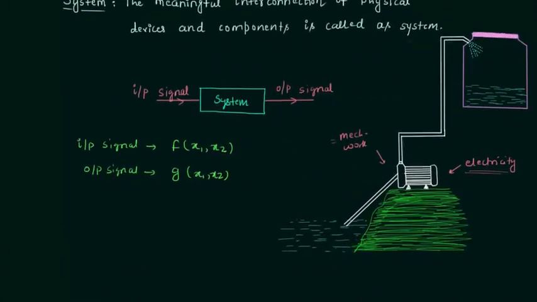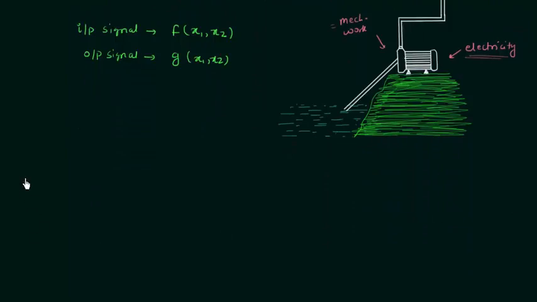There are two types of problems we have to deal with. The first one is the analysis problem. The second one is the synthesis problem. In case of analysis problem, we have the input signal. The input signal is there.